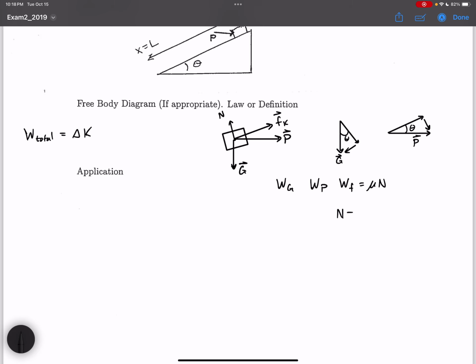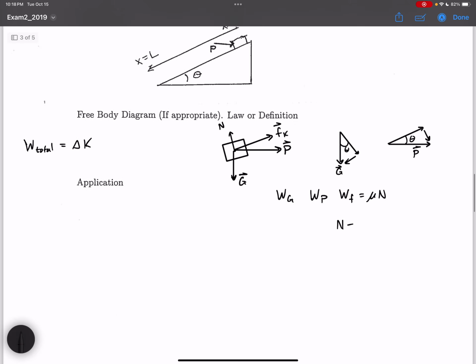In the y direction, we've got mg cosine theta, and then we have P sine theta, equal to ma_y, which is just going to be 0. And so we have that the normal force equals mg cosine theta plus P sine theta.